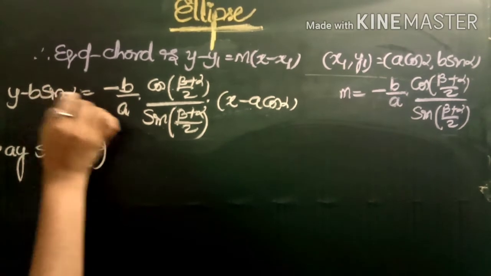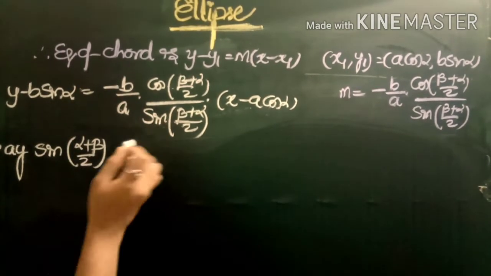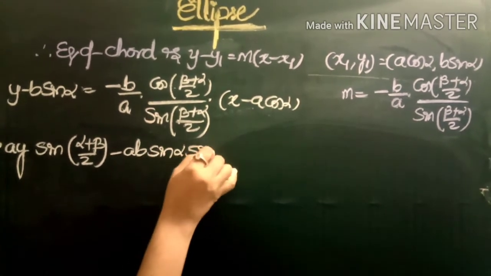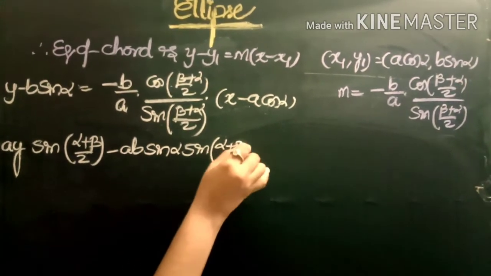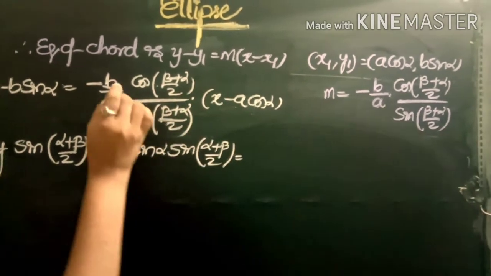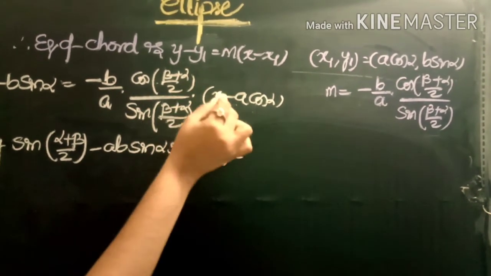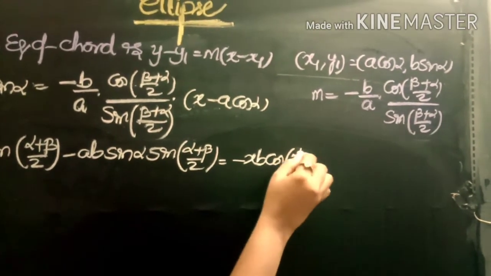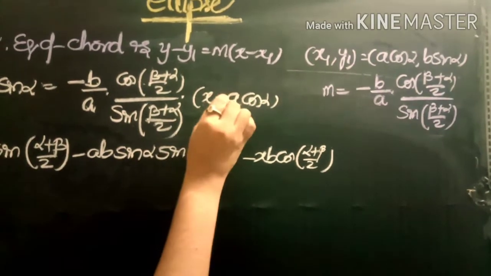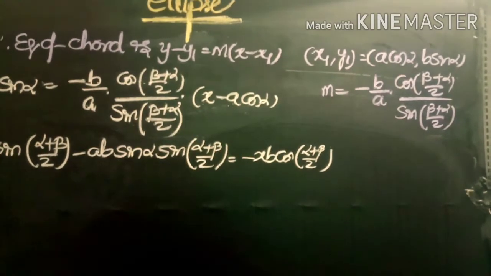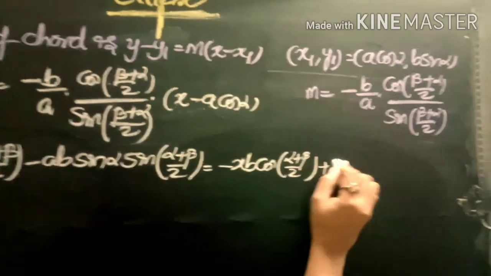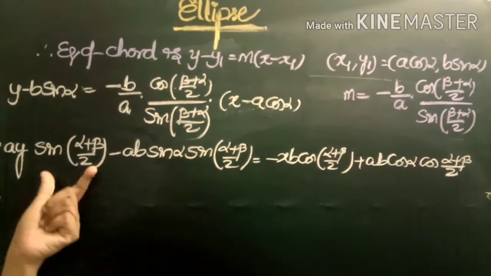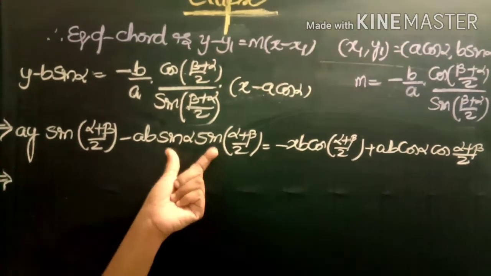Next value minus b sin alpha into a sin (alpha plus beta) by 2, that is minus a b sin alpha sin (alpha plus beta) by 2 is equal to, here also taking the product, first value minus b cos (alpha plus beta) by 2 into x, that is minus x b cos (alpha plus beta) by 2. Next value minus of minus, plus a b cos alpha cos (alpha plus beta) by 2, which implies, now first we are writing the x and y terms here, constant terms at the other side.